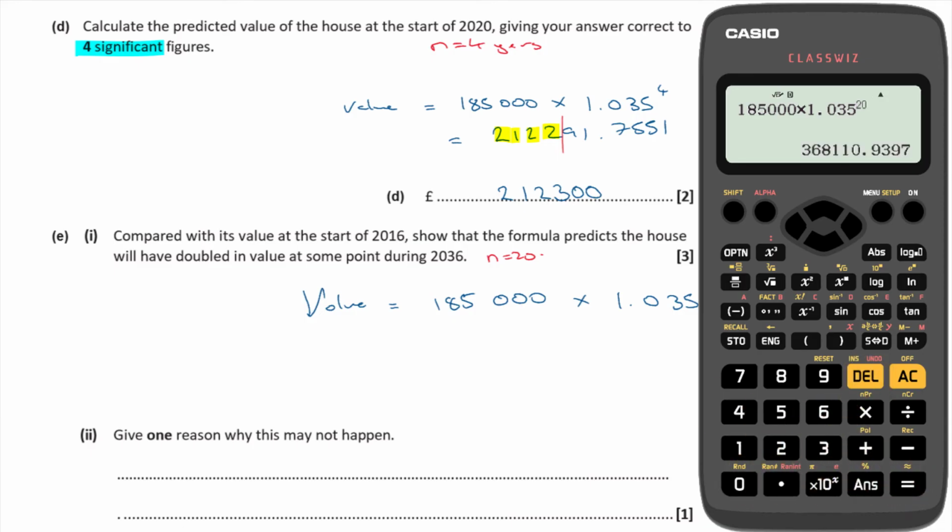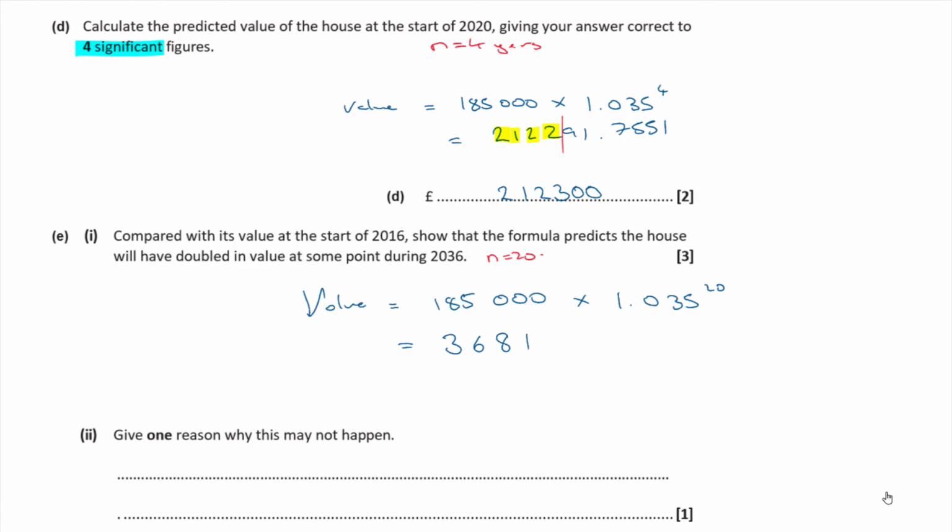And that comes out to be 368,110. I'm going to just do the same thing. I'm going to round it off to 4 significant figures. So that is 368,100. Now to double, the value is going to have to reach 2 times 185,000.